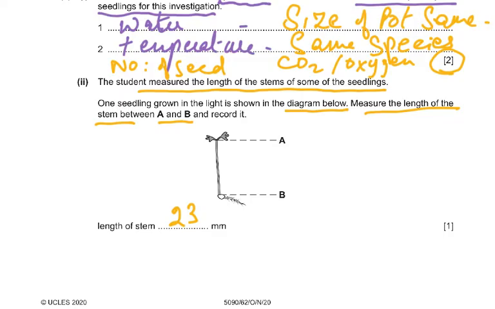And Cambridge gives you plus minus 1, so you could have said 24 or 22. You had to use a ruler and measure it and just write that down. The units were given to you, you didn't have to write the units. Please remember, we always use millimeter in these paper 6 exams.